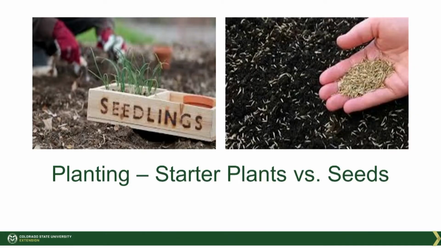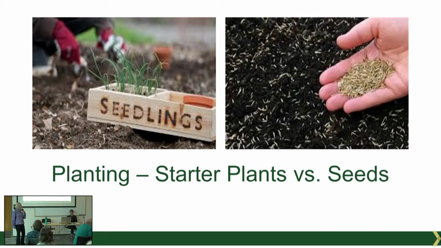So you have choices, and your basic choices are you can start things from plants or you can start things from seeds. Advantages and disadvantages to both. The main advantage of starting with a plant is you have one right away. Seeds take longer to grow. Plants have been grown in an ideal situation in a nursery somewhere.